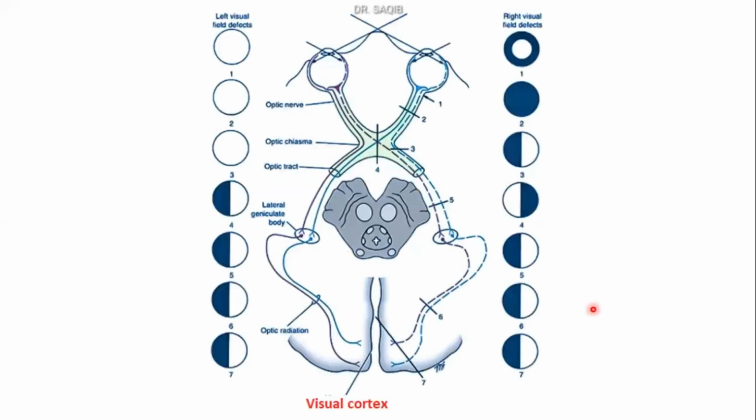Let's discuss again. This is number 5, and the section is that of the optic tract. Sorry, this is the optic nerve, this is the optic chiasma, this is the optic tract. These lesions are discussed. And this is number 5, lesion of the optic tract.